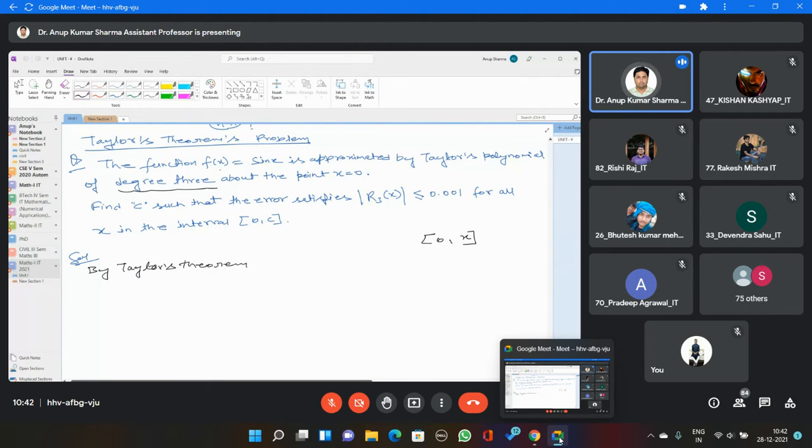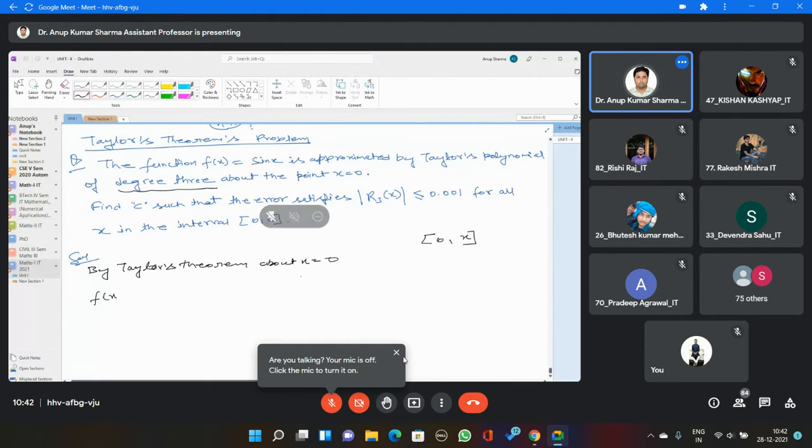The function we have to write is sin x about 0. So first you write the Taylor's theorem for f(x) about x is equal to 0. So these things we can write.